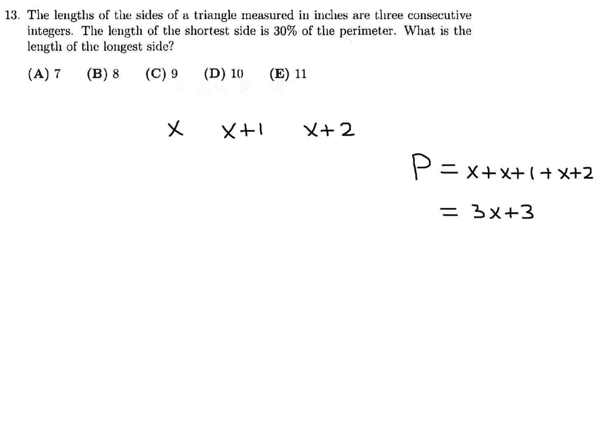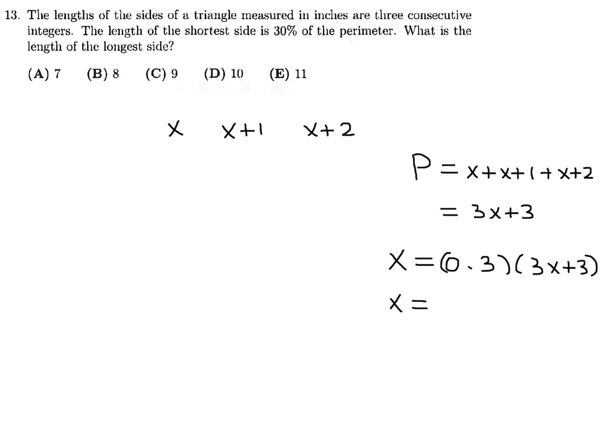And then they were saying the length of the shortest side is 30% of the perimeter. So that means that x, which is obviously the shortest side, is 0.3 times this perimeter, which is 3x plus 3. And let's solve this algebra equation.